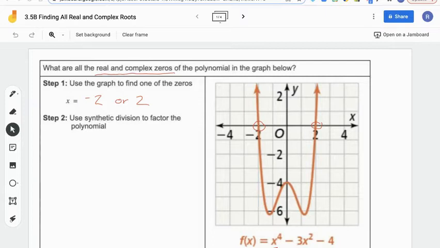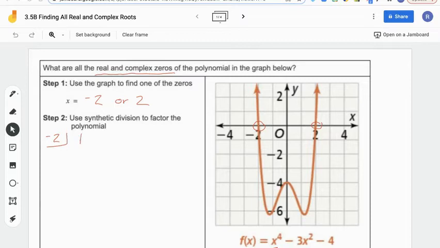So I'm going to set mine up as synthetic division. It says synthetic division here, but absolutely use whatever division method you're most comfortable with. I'm going to start by taking out that -2. Remember, in synthetic division, we put that -2 in the little corner, and then we write our coefficients.